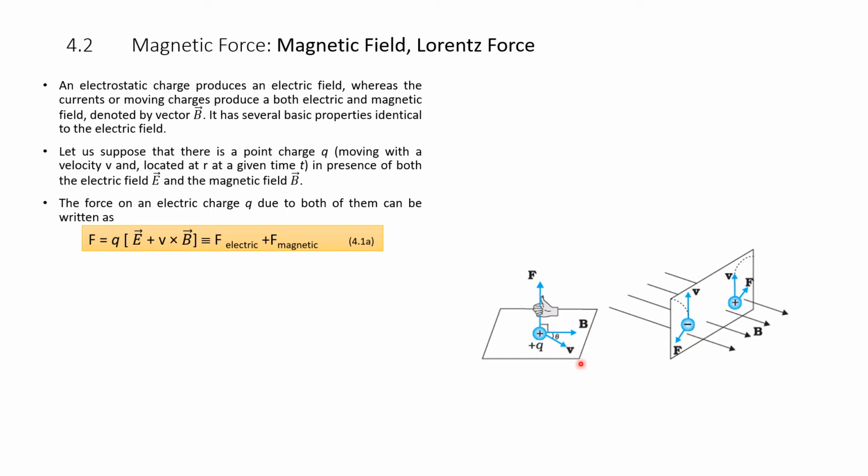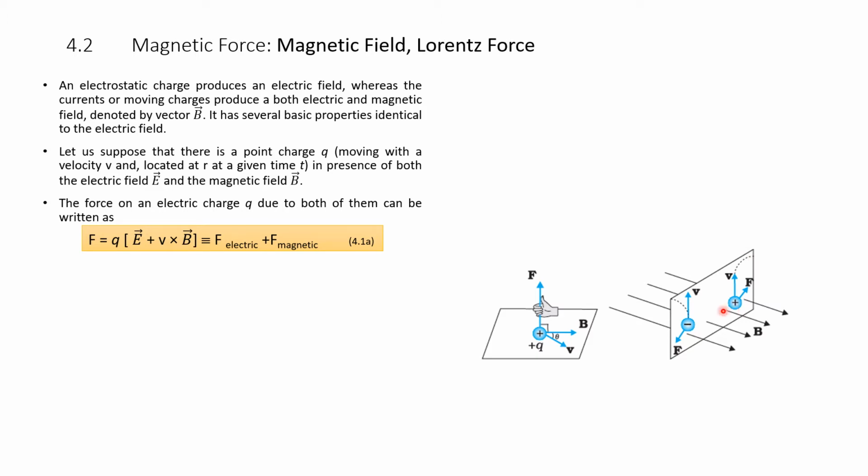Now, the same thing is also shown in another figure on the right side, where we have shown both negative and positive charge. When the positive charge is there, B is coming out of the plane, perpendicular to F. F and B are perpendicular, and V is perpendicular to both B and F, and the charge tries to move to the right-hand side if it is positive.